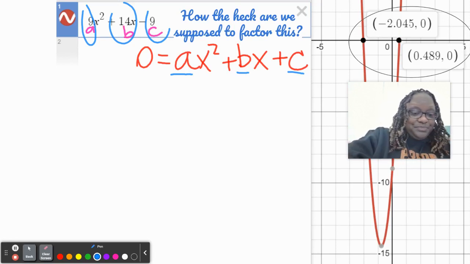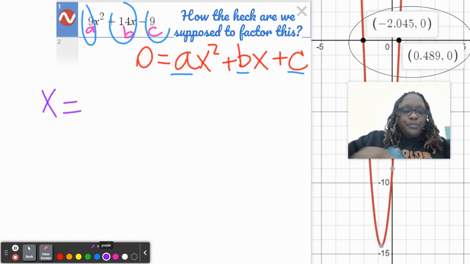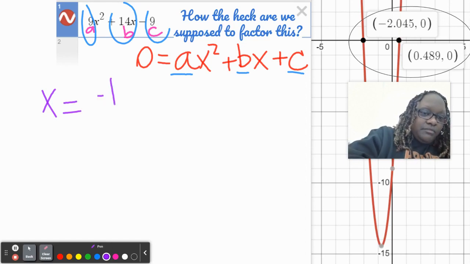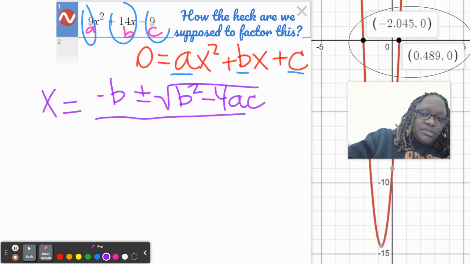They found that x equals -b plus or minus the square root of b squared minus 4ac, over 2a.